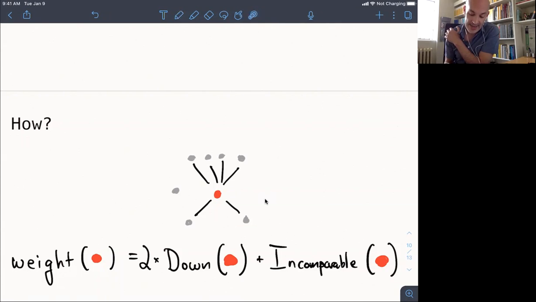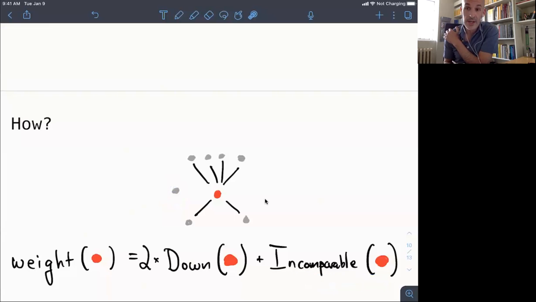So the down set, I mark this in red and I'm circling in blue. So I have this one alternative here. And how will I score them? I will score them by saying it's 2 times the down set, the number that are below it, linked by edges. And the incomparable, this person here would be incomparable.